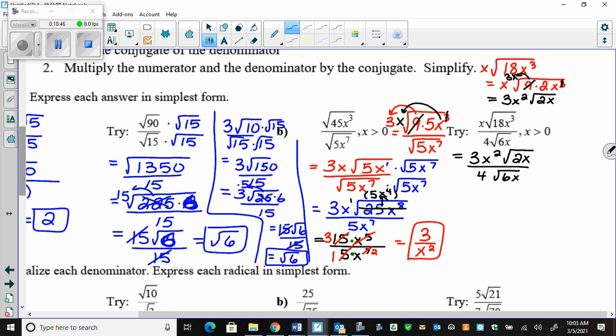And then I told you our problem is the root 6x, not the 4. So we're going to multiply by root 6x in the top and the bottom. So we're going to get 3x squared root 12x squared over 4, and then root 6x times root 6x is just 6x in brackets.